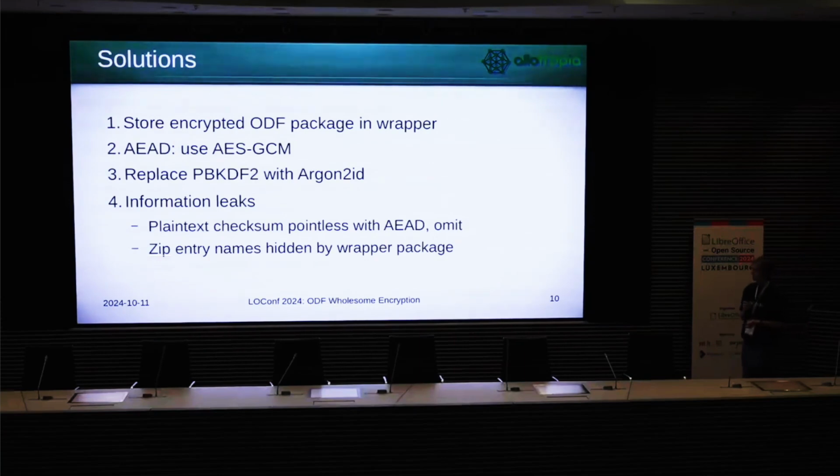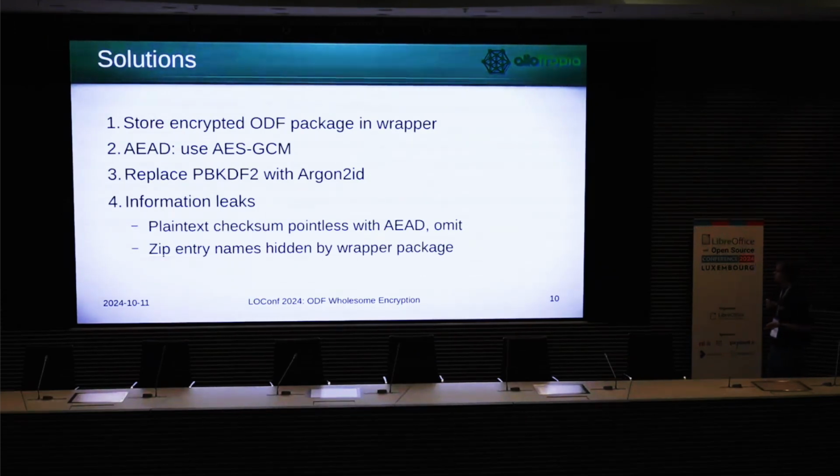Okay, so, summary of the solutions. We solve the performance problem by storing a single encrypted ODF package in a wrapper. For authentication, it's an AEAD function. And then to get a memory hard KDF, we replace PBKDF2 with Argon2id.